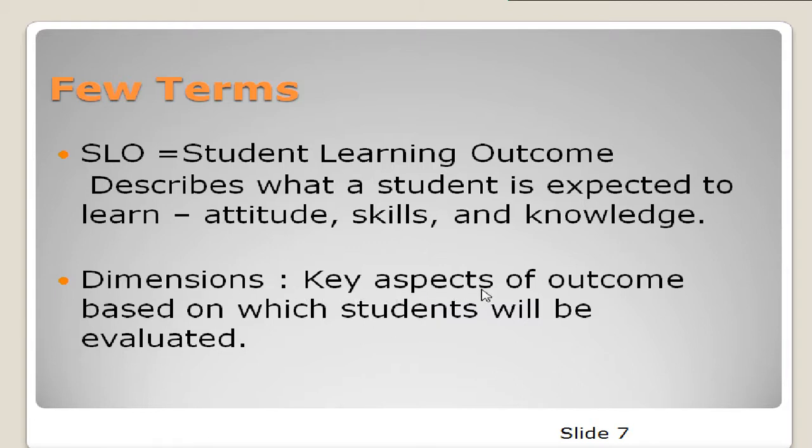The ability to decide on the scale for a given problem is another key aspect, another dimension. The ability to interpret the three views, front view, top view, side view, is another key aspect in the case of the engineering graphics course. Similarly, in different courses you have different key aspects.